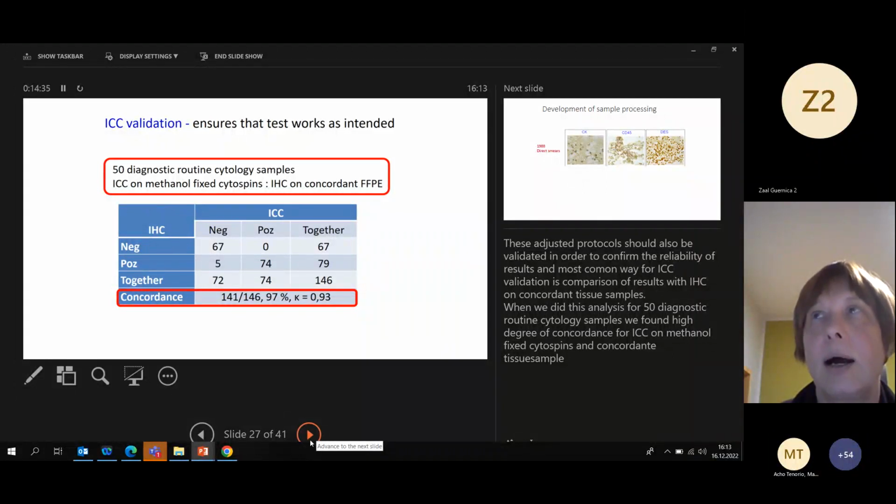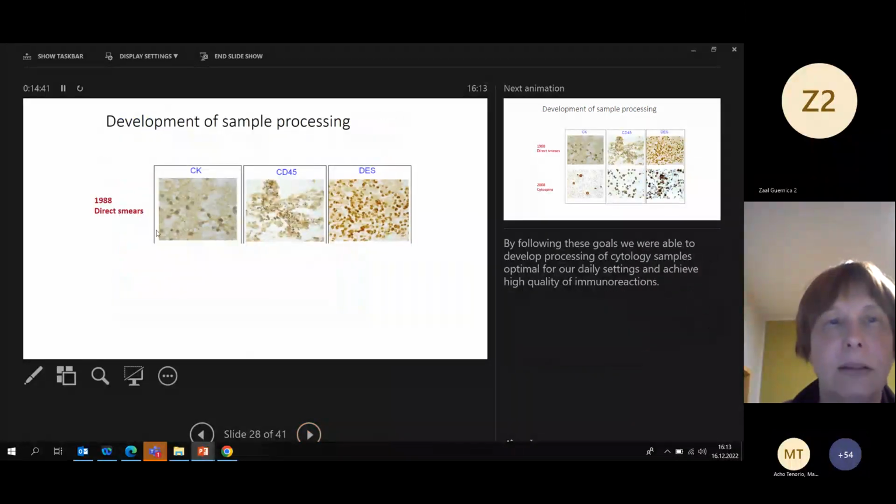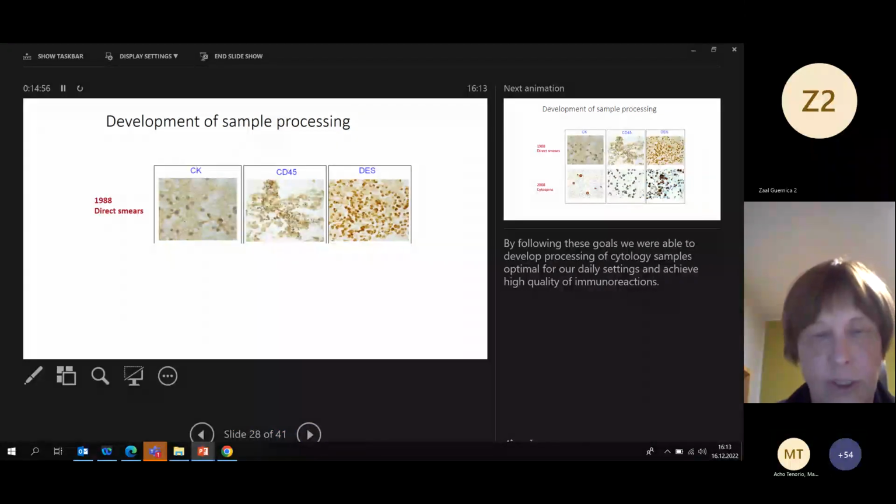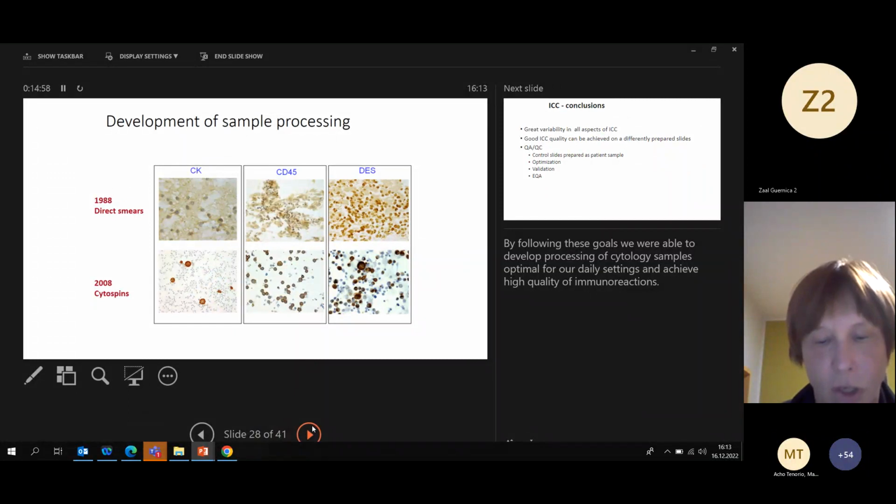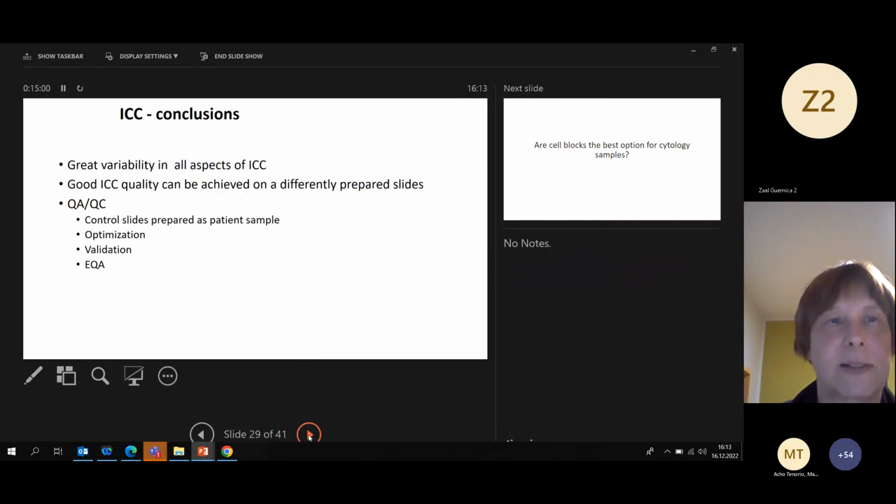So we are sure that our results are reliable. And with all these efforts, we were able to improve our ICC from such results on direct smears to better results on methanol-fixed cytospins.